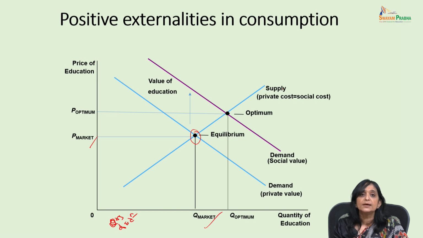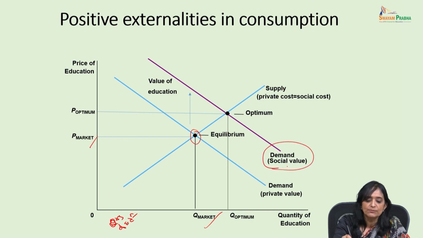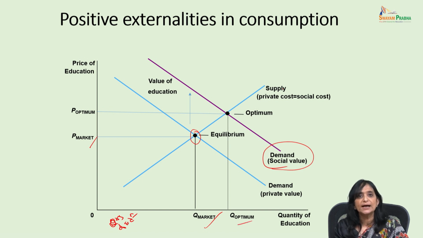Now, because education creates human capital, we see that you get a social value like this. This changes your supply curve. You see a change in the equilibrium, and you see that more should have been produced compared to what is actually being produced. Because education is creating human capital, it is giving certain advantages to the society.